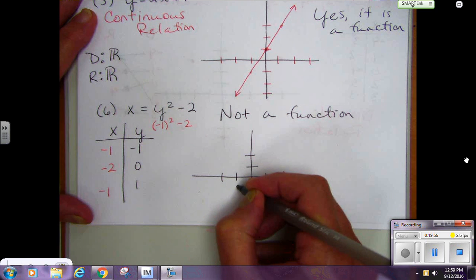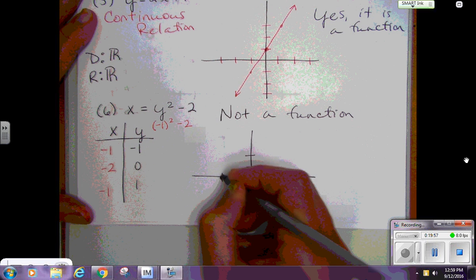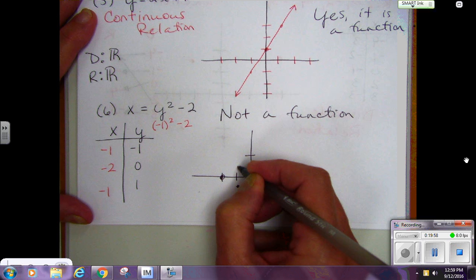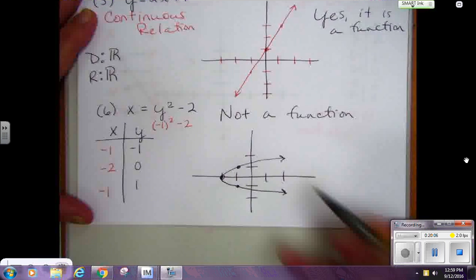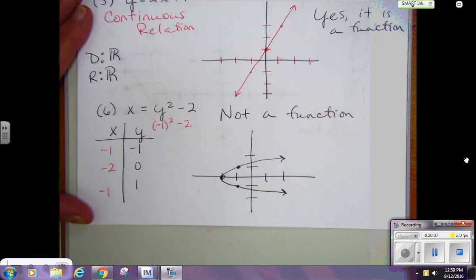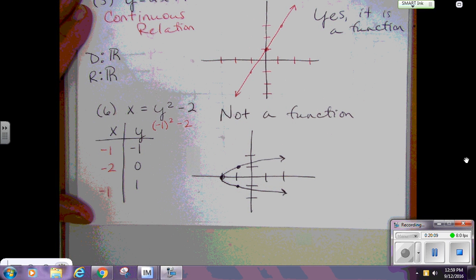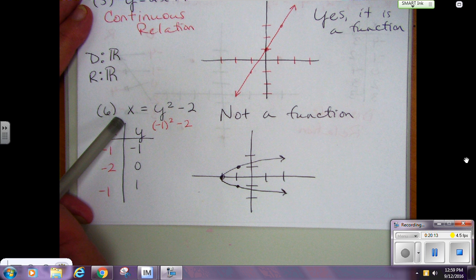And I have a parabola. That's what happens when you see the x instead of y equals. It changes which way it faces. All right, so doing the vertical line test, it is hitting the graph in more than one place at a time. So this is a good illustration of when it's not a function.